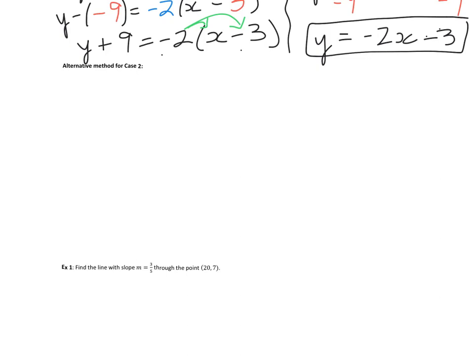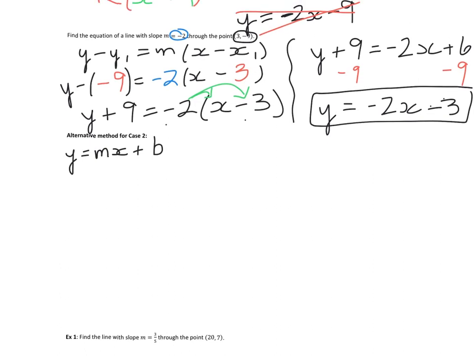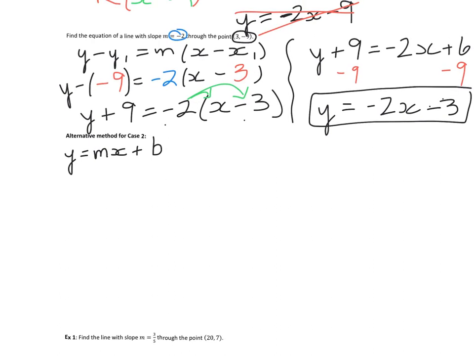But the alternative method for case 2, when we're given any point and a slope, is to actually use y equals mx plus b. But this is how we use it. So we know, let's scroll up a little bit, that our m is -2. So let's plug in all of our information. So m is -2. I'll even use the same colors.